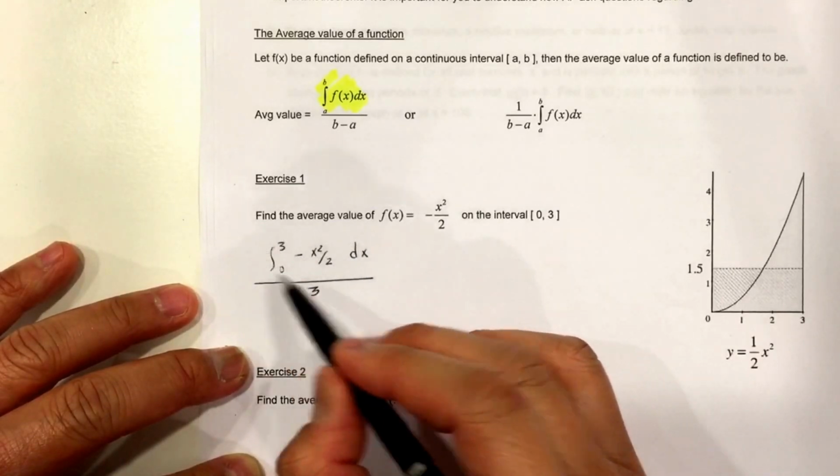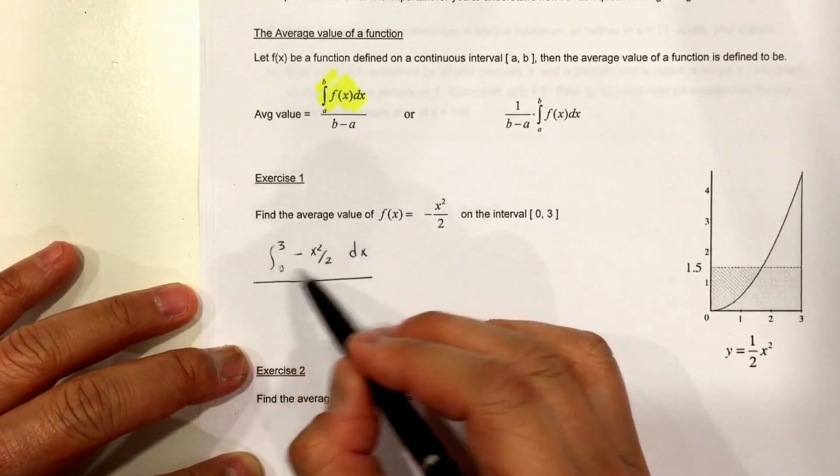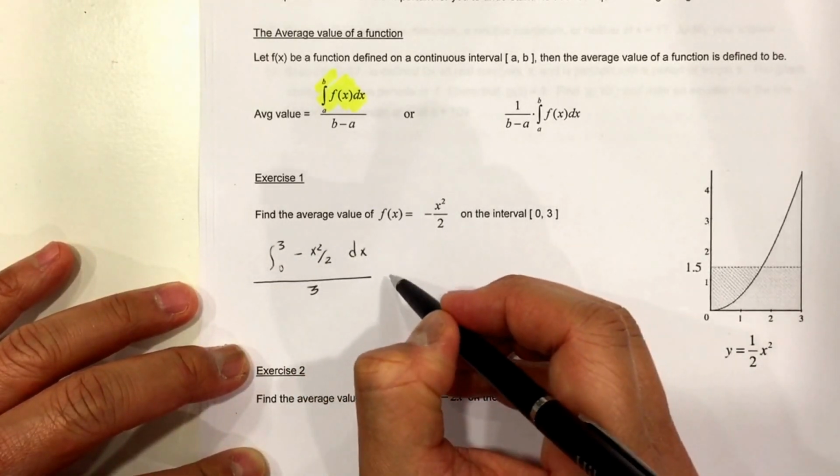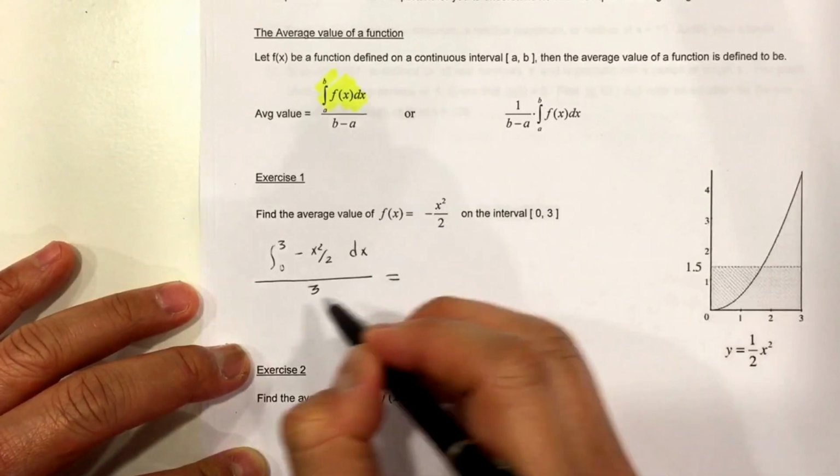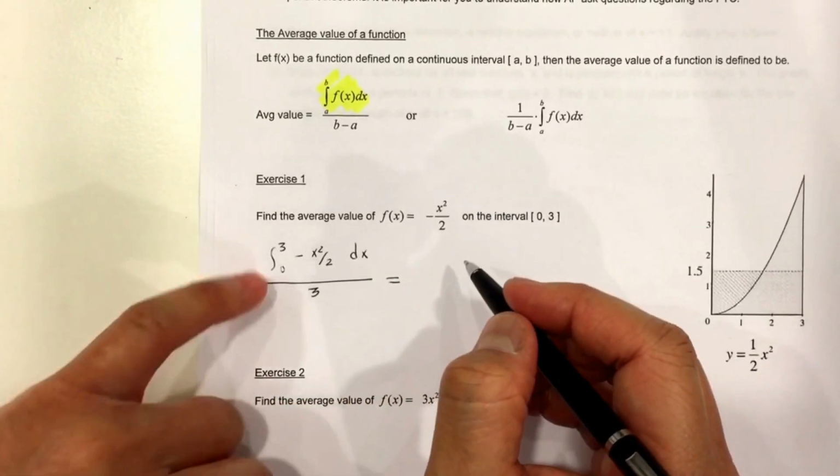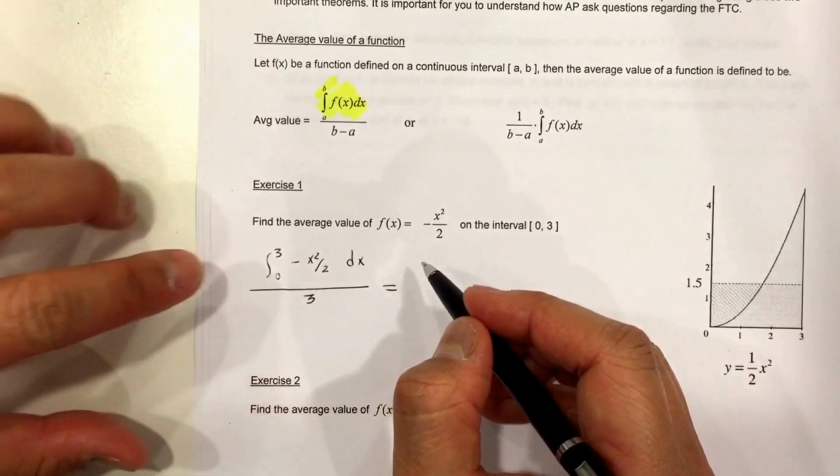Let's find out what this definite integral equals. So we'll leave the denominator alone for now. Let's just work with the numerator.